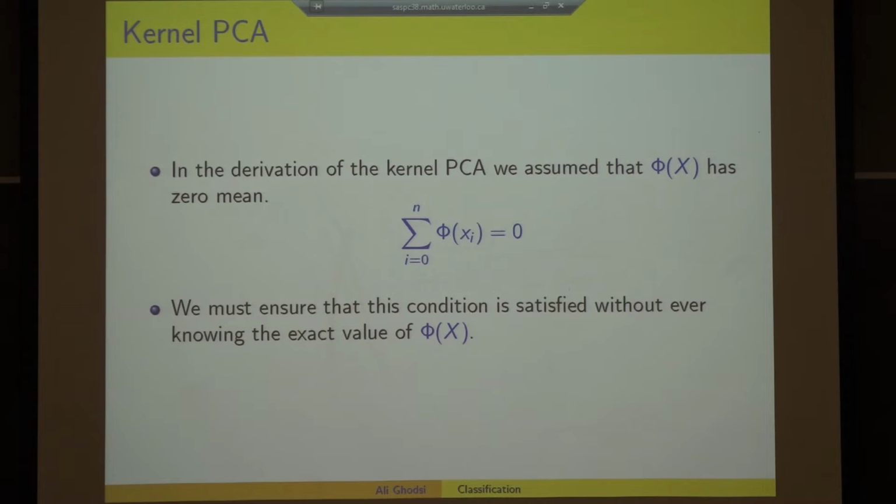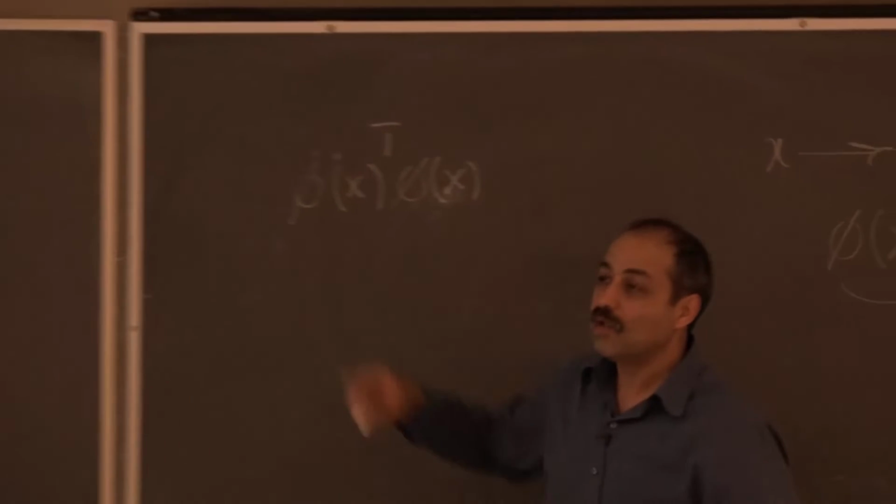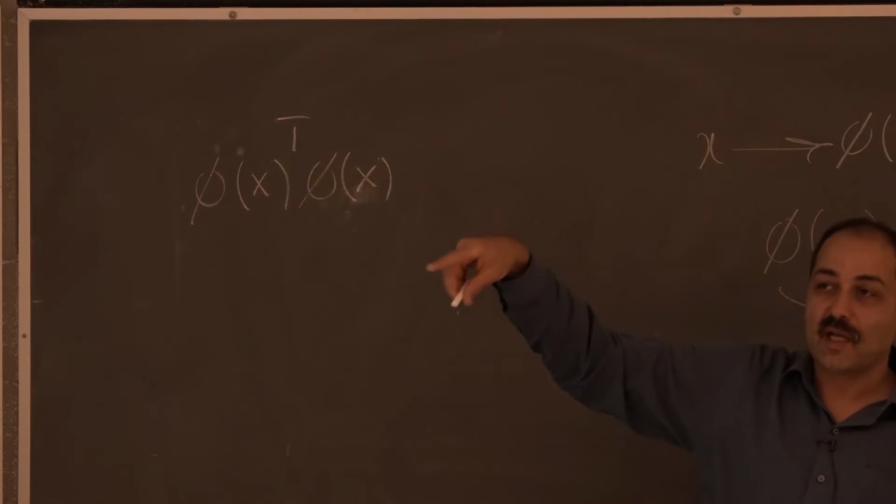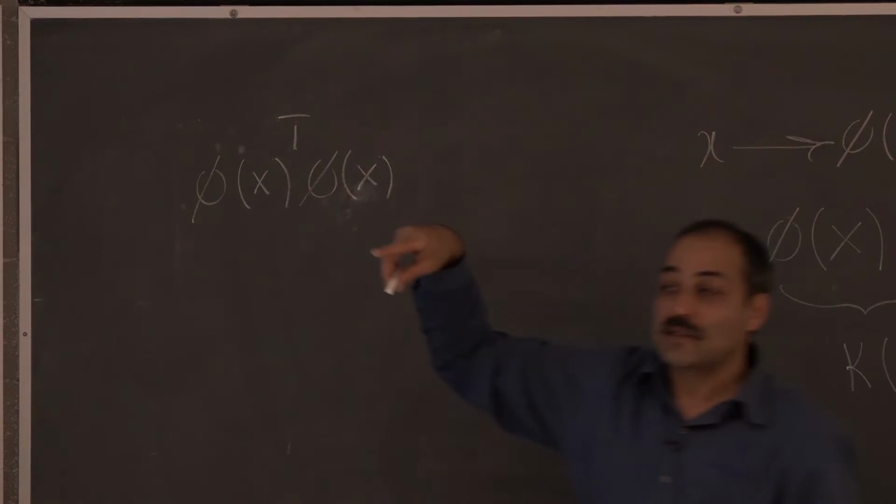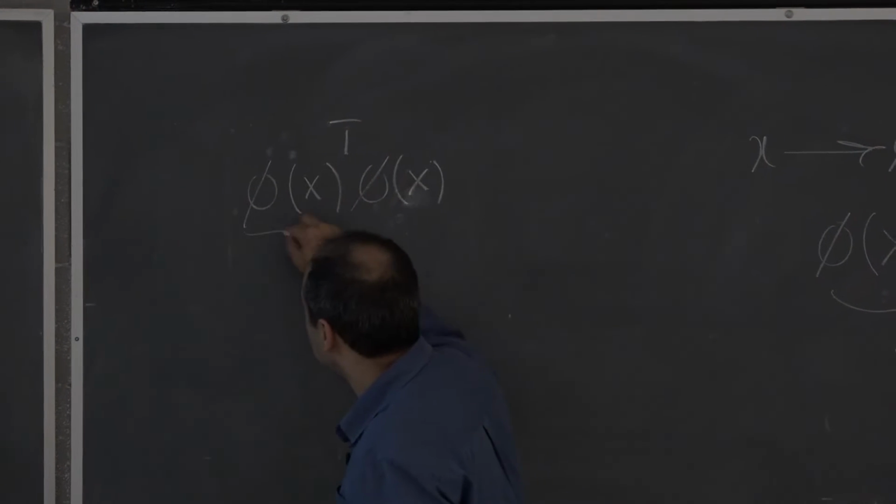Basically, we don't need to centralize phi of x itself. We would like to compute phi of x times phi of x transpose, or phi of x transpose times phi of x. All of my derivations and calculations are correct if this is centralized.